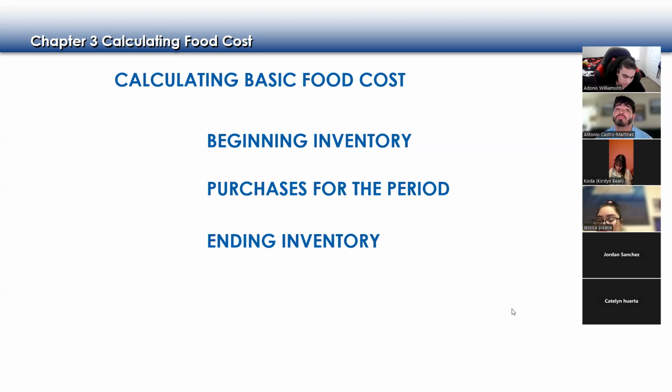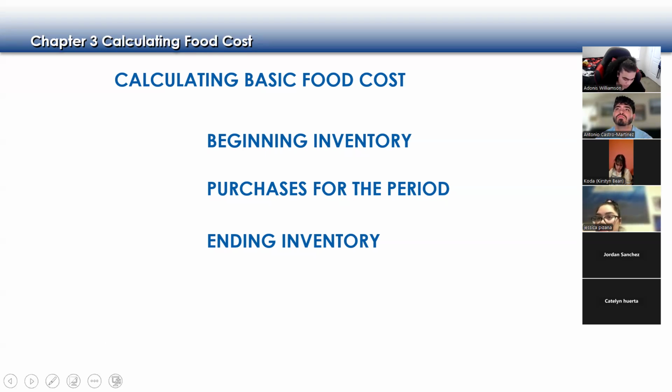Absolutely. We want to know where our food is going, where our ingredients or where our product is going, right? If we're working retail, do we want to make sure that we can account for all the different products that we have? Okay. So we have to do an inventory first to figure out what the dollar amount of our beginning inventory is. Okay. And then if we purchase items, we purchase ingredients, does that add to our inventory or does it take it away from our inventory? If we purchase more ingredients, it adds to it, right?